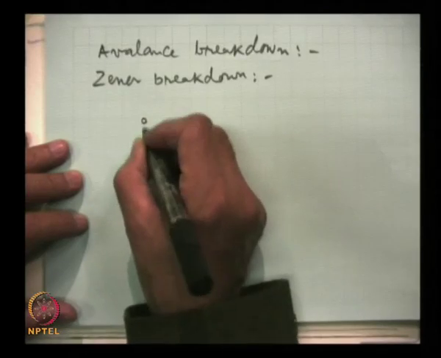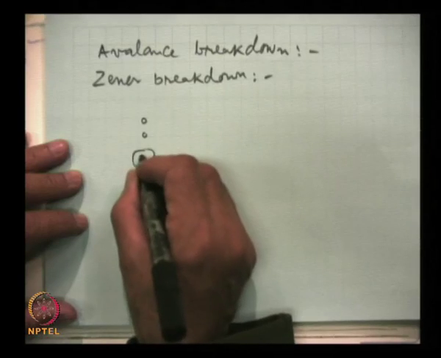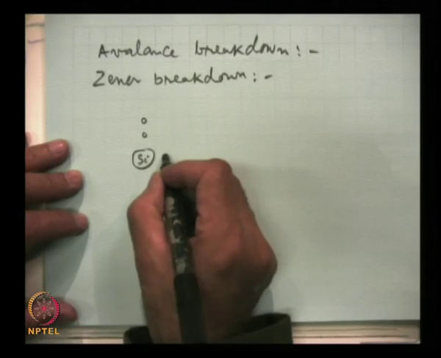For example, we can depict it like this: this is a silicon atom and these are the bound electrons.